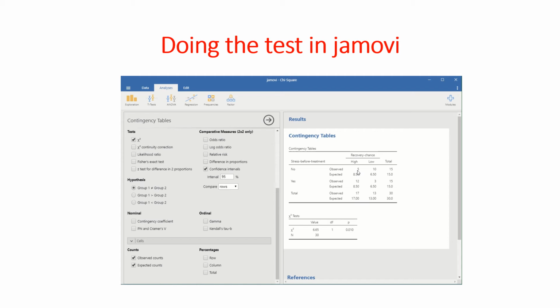See, for example, in the high recovery group, people who had no stress before the treatment, we expected to see almost 9 people, but we saw 5 people. And we see the same pattern, but opposite in the other cell. Then we look at the other cells. Yeah, we see some differences in the cells.